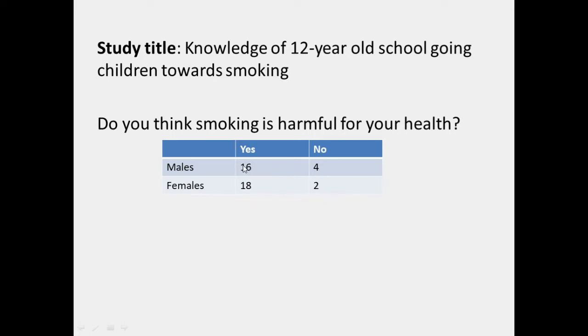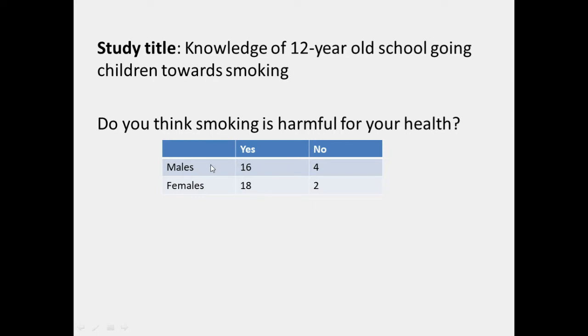Out of these 20 male children, 16 of them said yes, that yes, smoking is harmful for your health. That means the knowledge of 16 males is good, whereas 4 it is not good. And again 18 females said yes, that means knowledge of 18 females were good, whereas two females said no, it doesn't affect your health. So in such cases you have to use chi-square test.